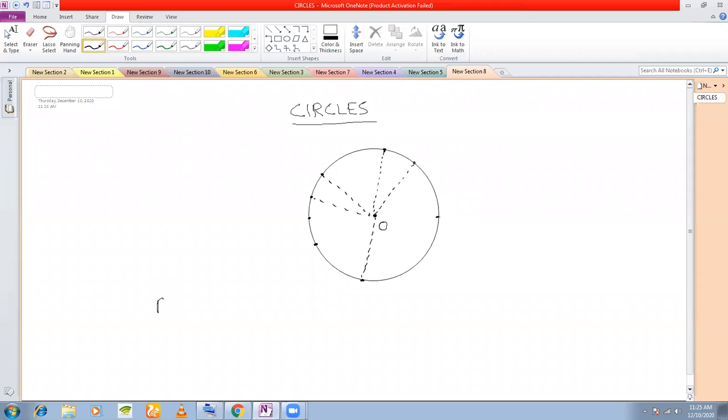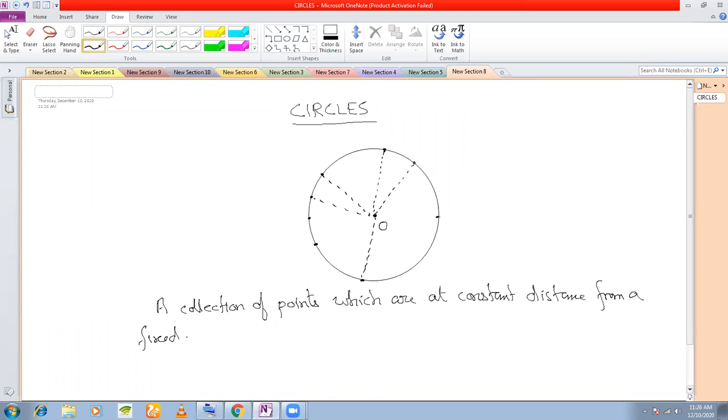So a collection of points which are at a constant distance from a fixed point is called a circle.